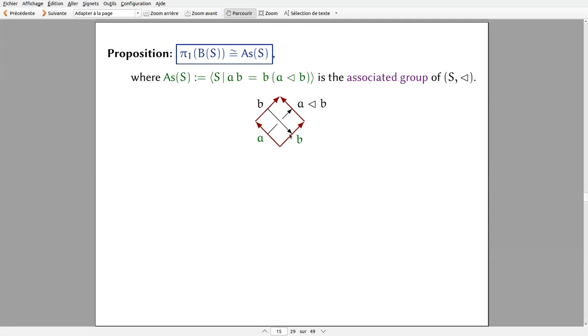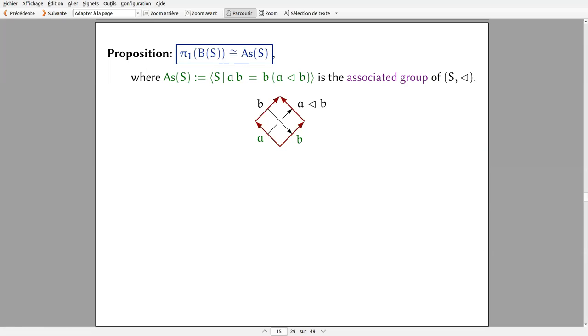But if you think in terms of the rack space, you can read this relation from a square, which forms your cells of degree 2 of your CW complex. So A times B is the same thing as B times A triangle B. Which means that this group is actually just the fundamental group of your rack space.